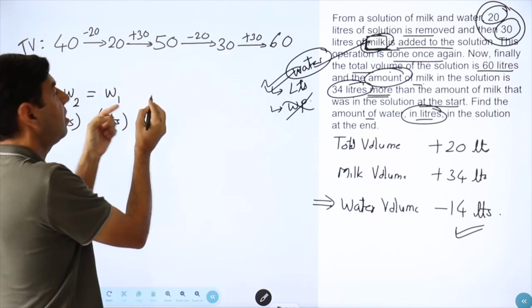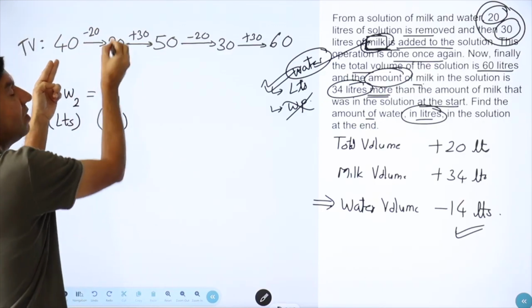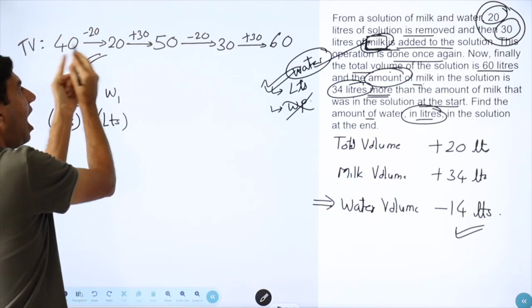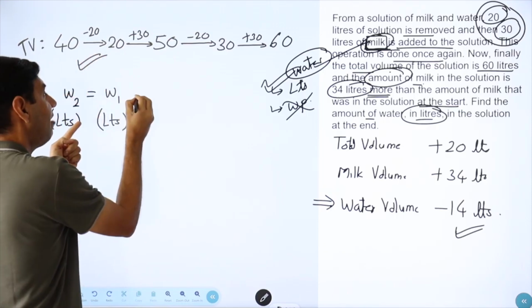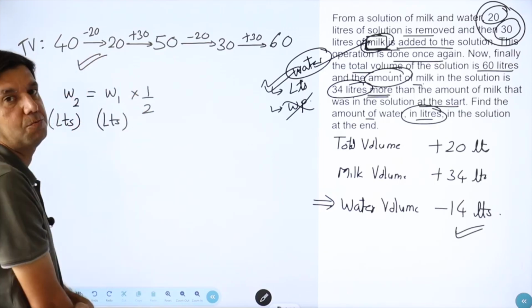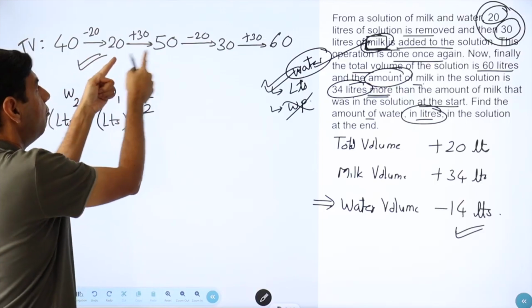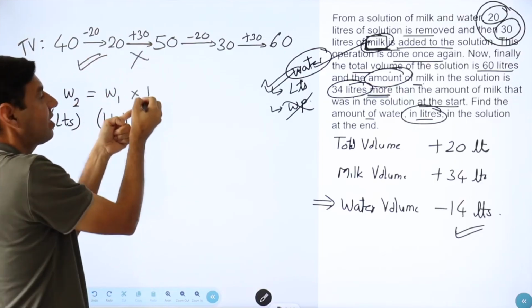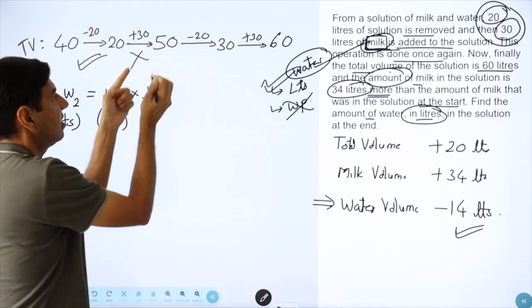When you are working on liters, you work on the removal part. Half the solution is removed. Half of water will also be removed. When you add milk, you don't work on water. It has no effect on water. Water is going to remain as it is.